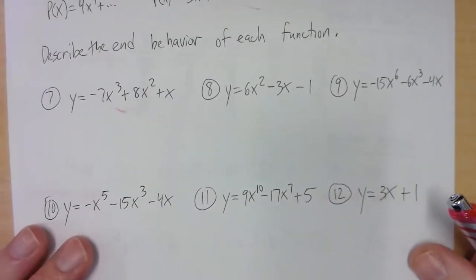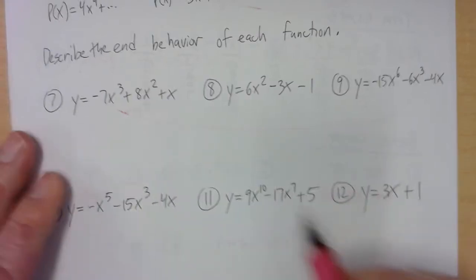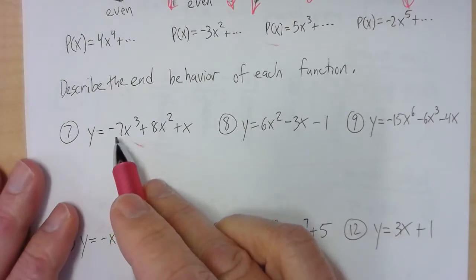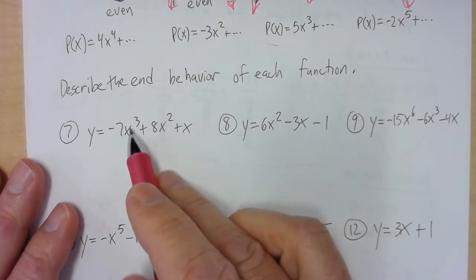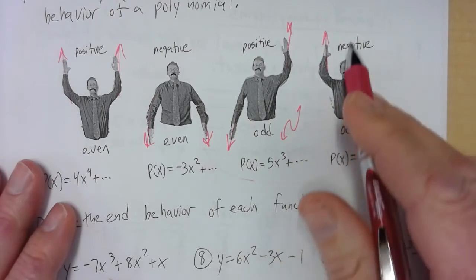So here's the 6 functions. If you want to pause it and write these down, there's all 6 problems. Okay, so here we go. This one is negative and odd. So it's negative and odd, right, is this one.